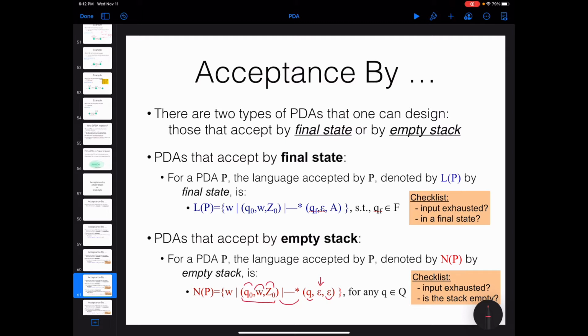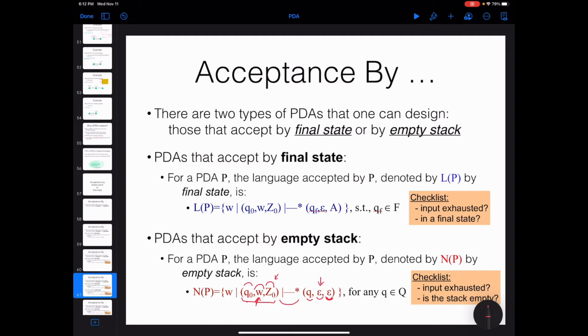So all those strings W that you can start with the initial state and only the initial token of the stack Z0, if you can reach a situation where you have read the full string and there is nothing in the stack, everything has been removed from the stack including Z0, then you accept the string.